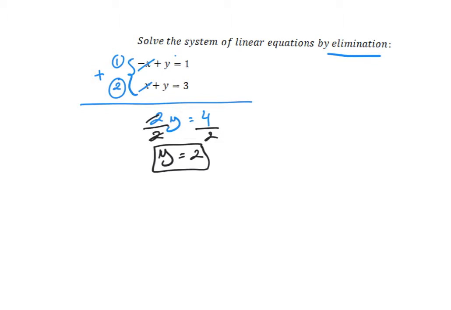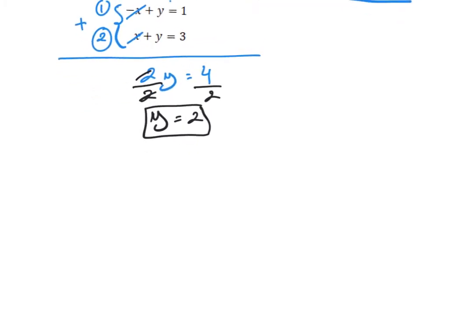Now we need to find x. We can choose either equation 1 or 2. Let's choose equation 2, so we have x plus y equals 3. We substitute y by 2, so we have x plus 2 equals 3.